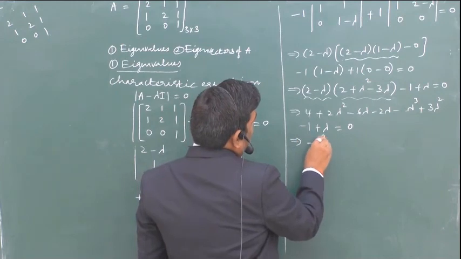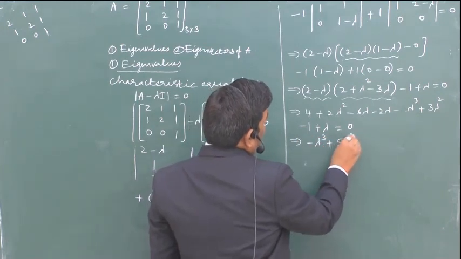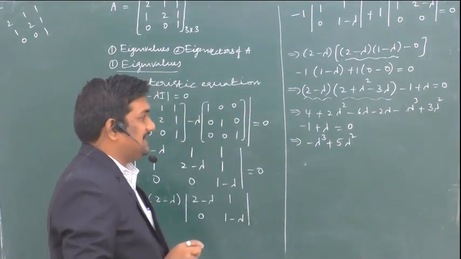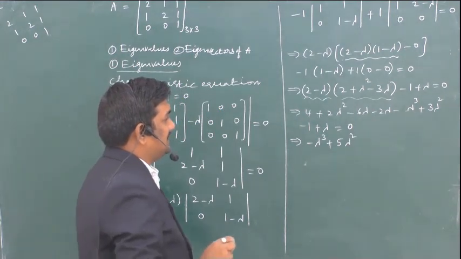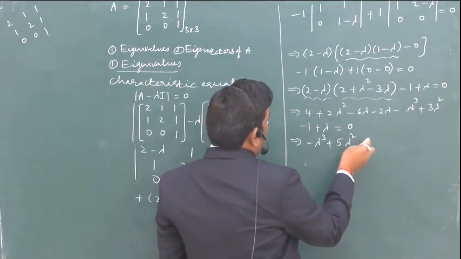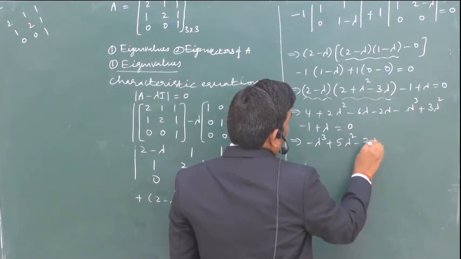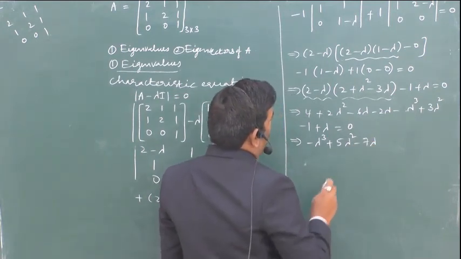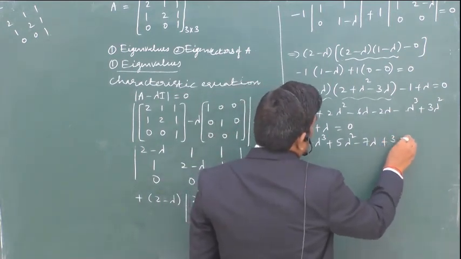It will be minus lambda cube plus 5 lambda square minus 7 lambda, and the constant is 4 minus 1, 3, equals 0.